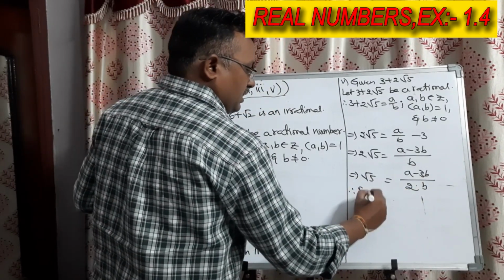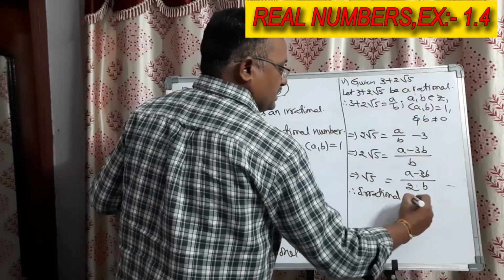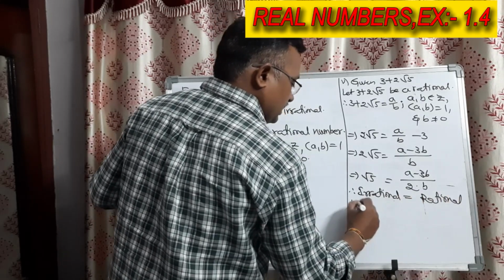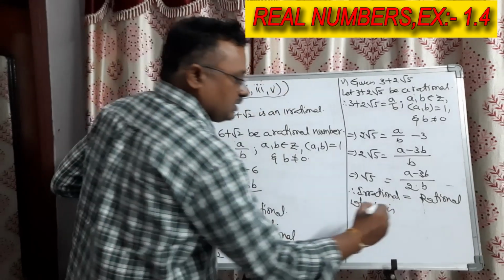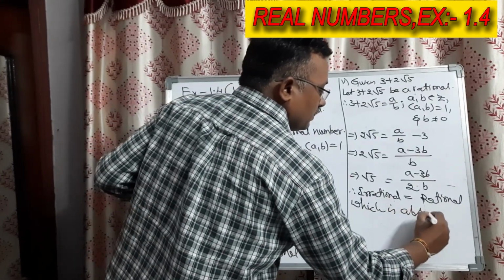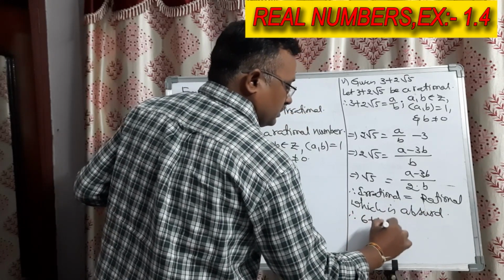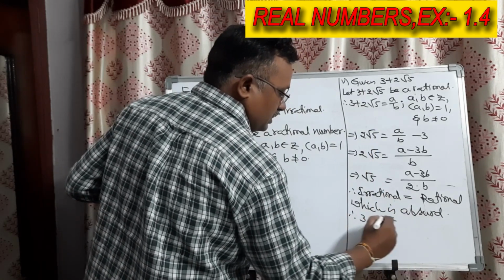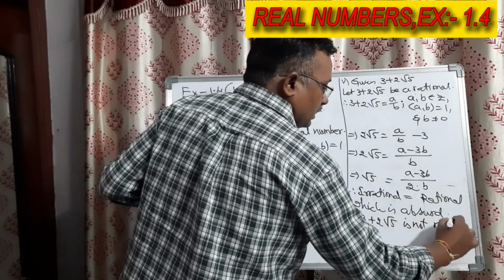Therefore, here also we got irrational is equal to rational, which is absurd, mathematically wrong. Therefore, 3 plus 2 into root 5 is not rational.